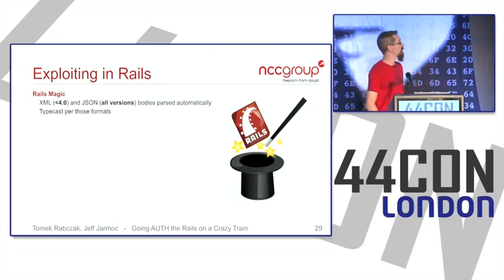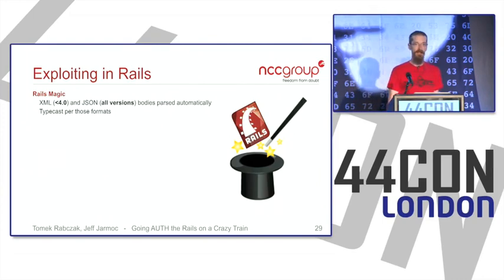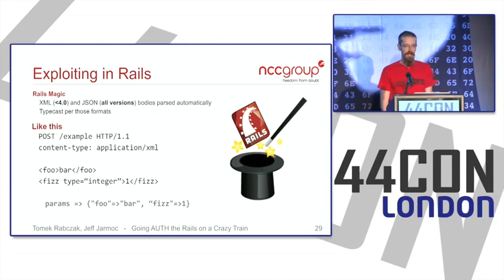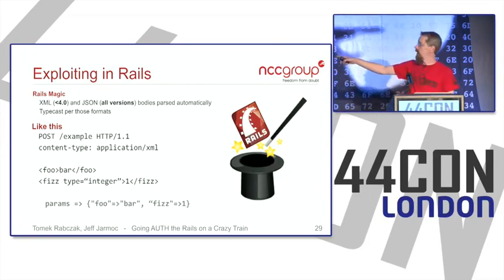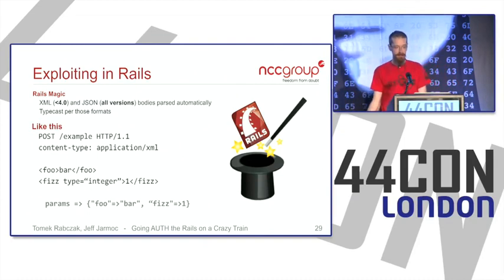It doesn't give you quite the flexibility in the number of types that you can instantiate, but it gives you integers, so that's good enough for our purpose. Here's an example with an XML post. We set the content type appropriately and submit valid XML. Notice on fizz, we're specifying a type of integer and sending the number 1. Now our params hash contains a key fizz with the value integer 1. So we've now got integers in Rails params.